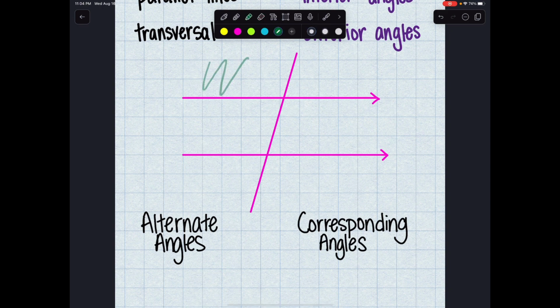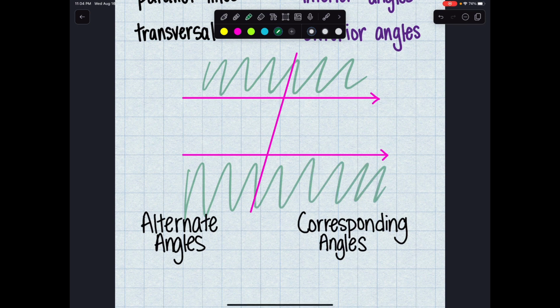So it would be this area and this area. What are the alternate exterior angles? Okay, so it would be this A, and what's the alternate? This A. Okay, and they're going to be the same value of the angle. They're going to be equal.